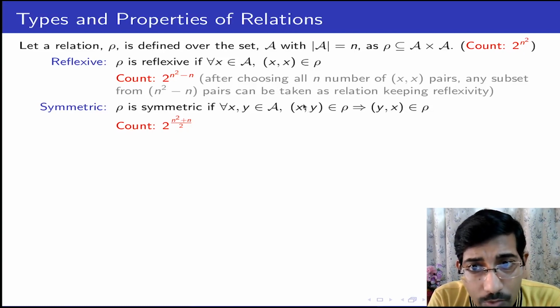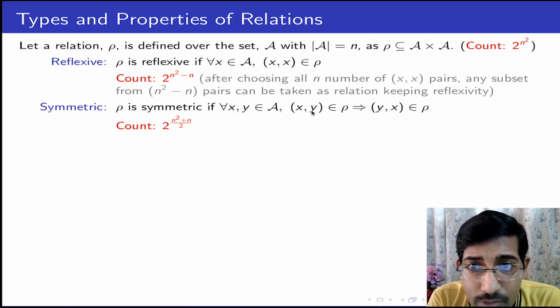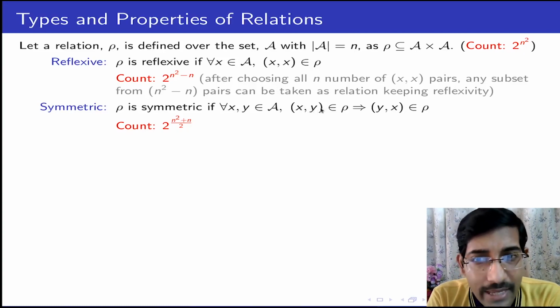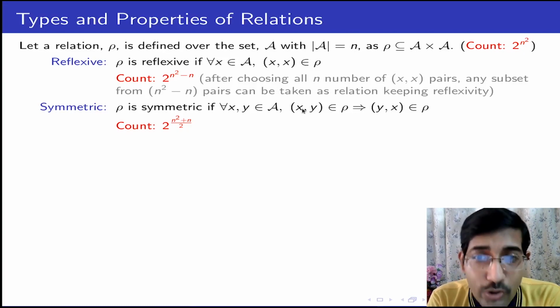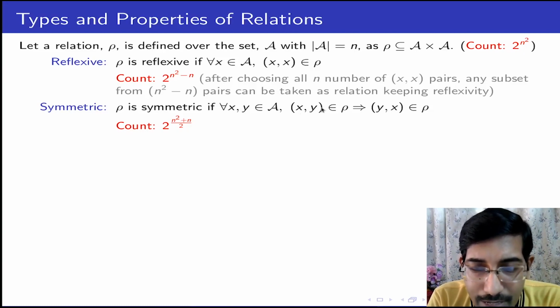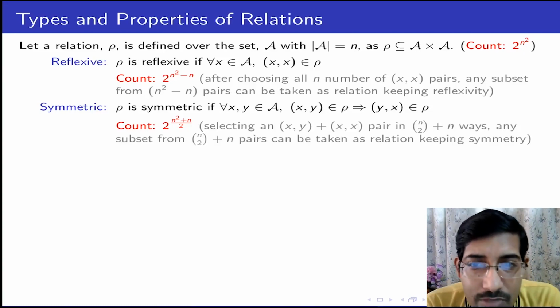So if you take (x,y), you have to take (y,x). If you take (x,z), you have to take (z,x). And there remain the pairs where you take x and x together, the flipped pair is the same. So there are nC2 plus n elements that you can choose or not choose. So 2 to the power nC2 plus n gives rise to this formula.